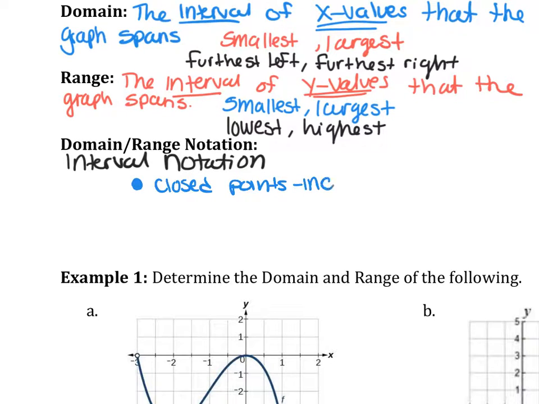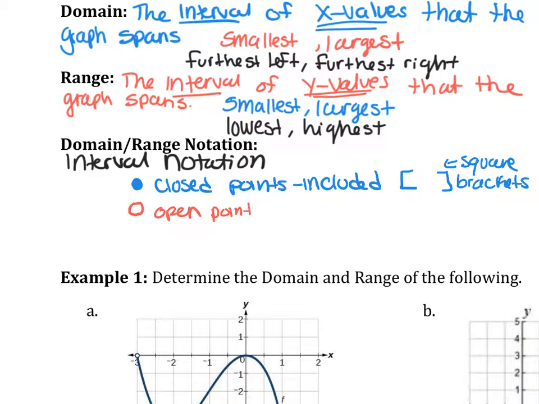that means we're included, and we use brackets, square brackets. If we have open points, so they're not colored in, that means not included.